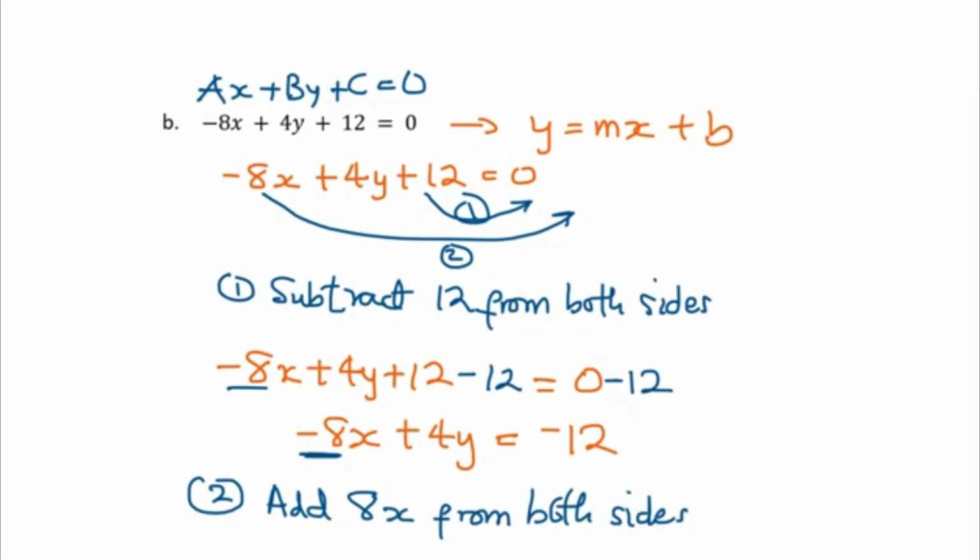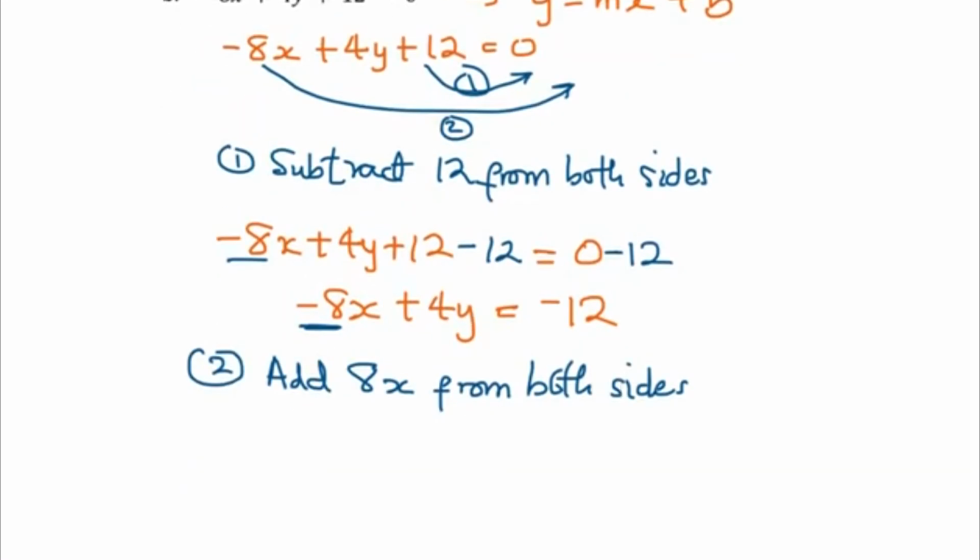And as a result of that, what we have is plus 8x minus 8x plus 4y is equal to negative 12, and don't forget the other side, we add 8x.